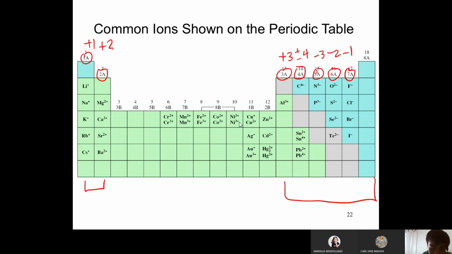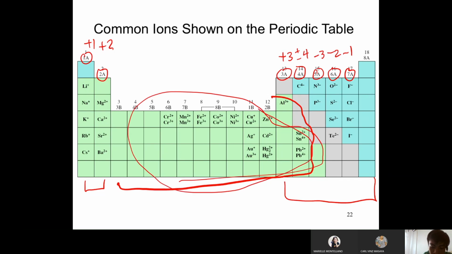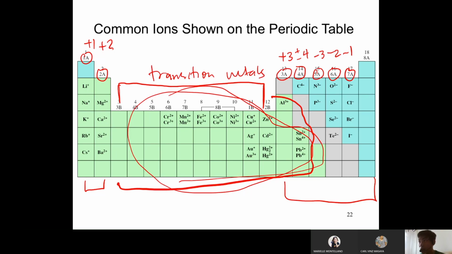Okay, when it comes to the middle, these metals here, excluding aluminum, we call them transition metals. What do transition metals do? The rules do not apply to them.